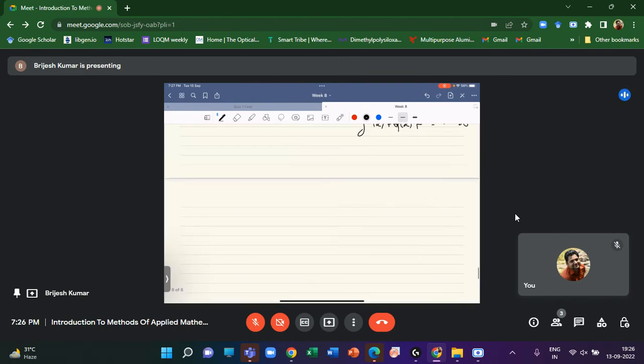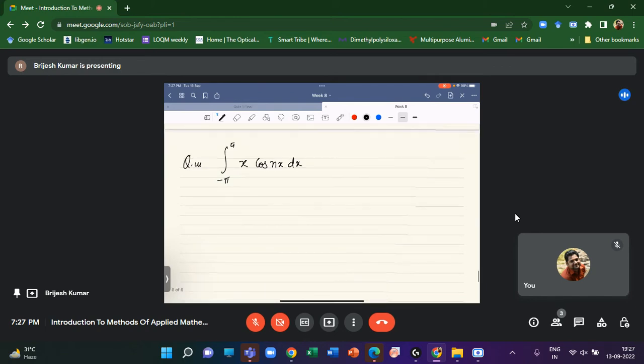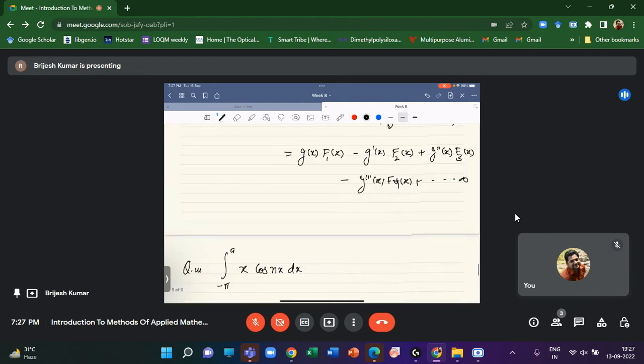For example, if we see the integral from minus pi to pi of x cos nx dx, how do you solve it? You can solve it directly by integrating by parts, and other than that, you can also use this form.